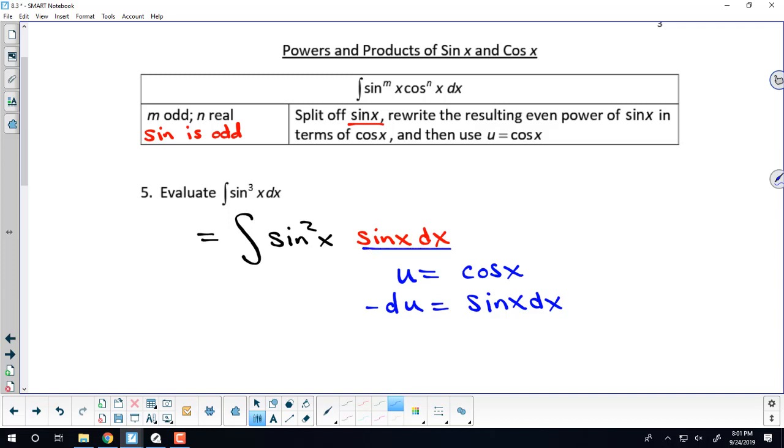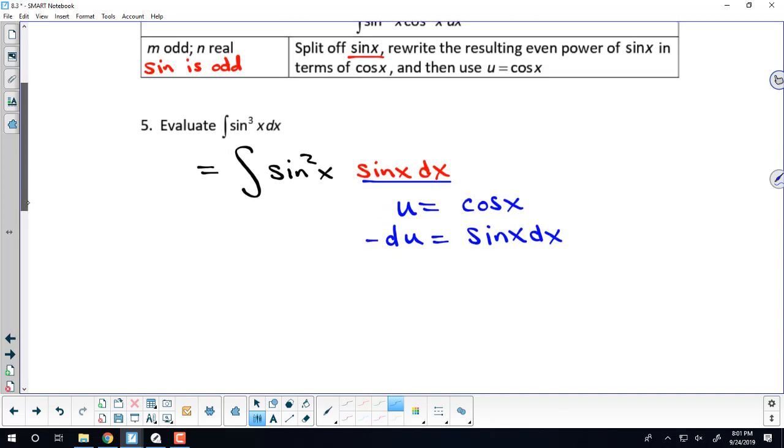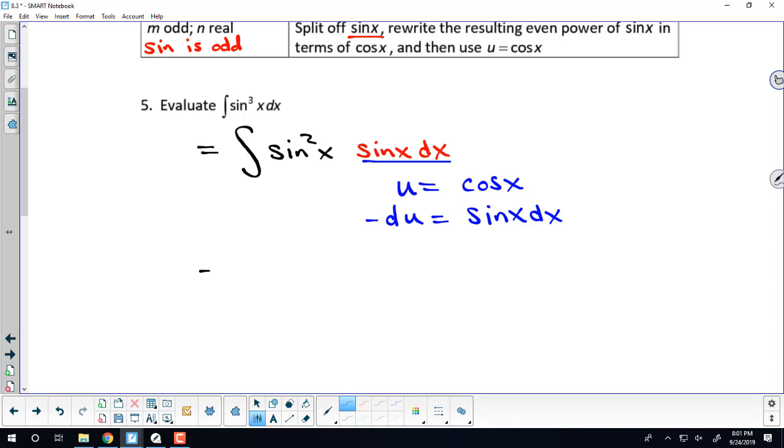And we just have to reconcile sine squared. Since our substitution was cosine, we need to rewrite sine squared in terms of cosine. And we do that with the Pythagorean identity. So sine squared is 1 minus cosine squared. And then we have our negative du for the thing we split off, sine x dx.